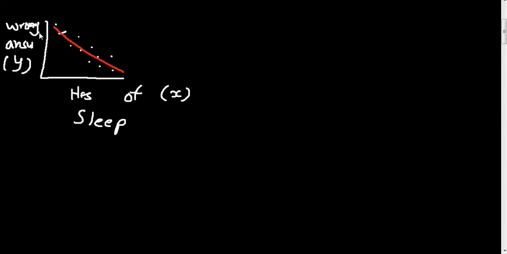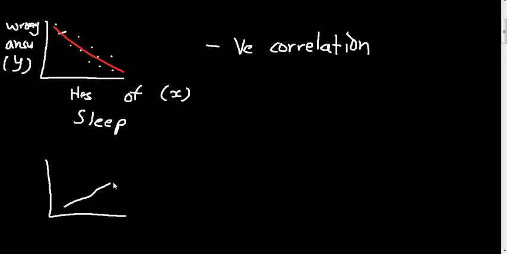Strictly speaking, it may not be the case, but it's just a very easy example of a negative correlation situation. So if one thing increases and the other thing increases, it's a positive correlation. If one thing increases and the other thing decreases, it's a negative correlation.